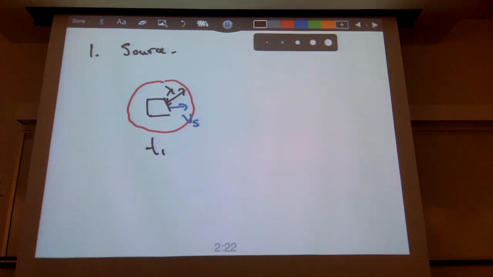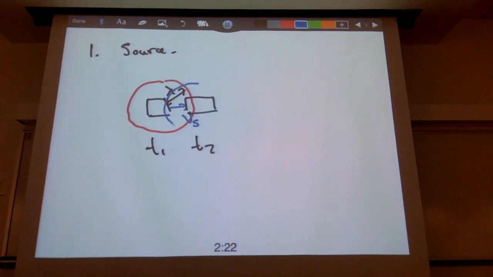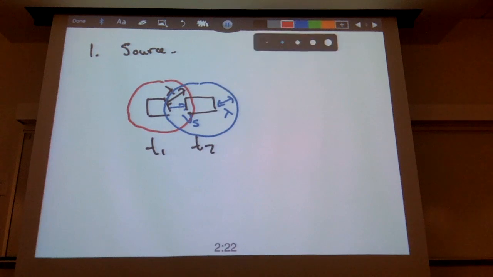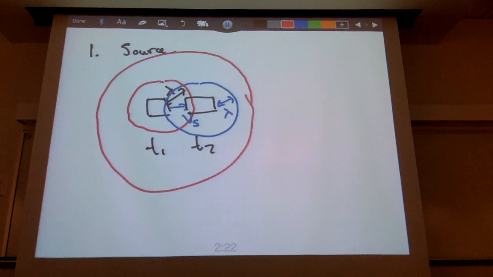At some time later, t2, it's going to be here, and again it sends out another spherical pulse, which has moved only a distance of the wavelength. By the time the source has moved, the first spherical wave has moved this distance outward, also by a distance of the wavelength.